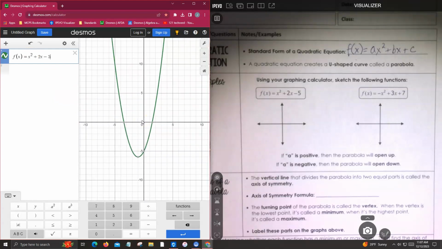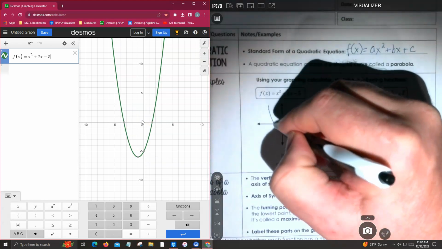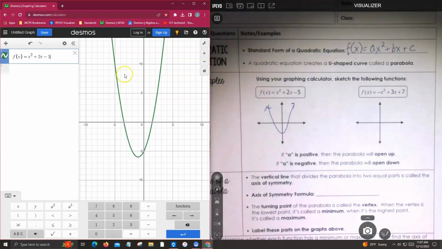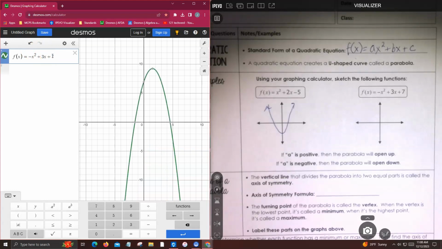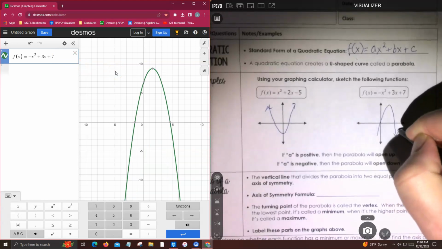Again, we're just sketching, so this will look something like that. Again, not perfect. Let's put in the next one, minus 3, and this is a 7. All right, so this one goes like that.